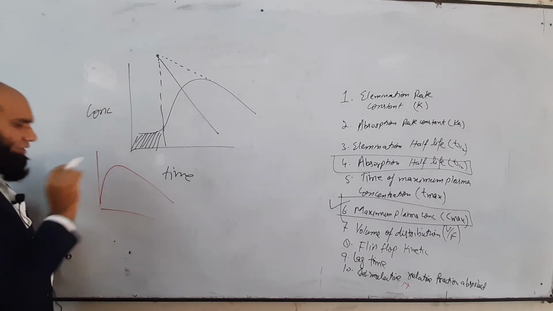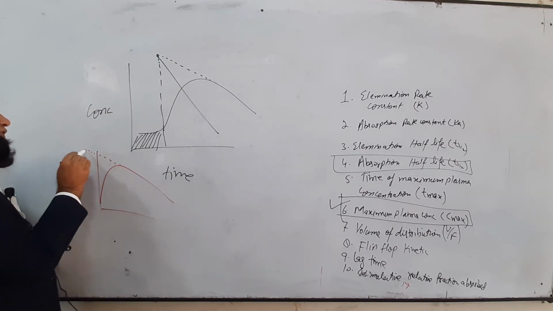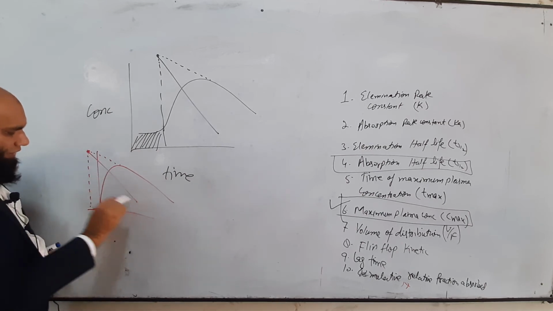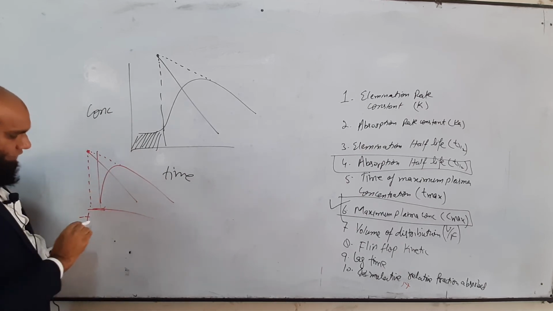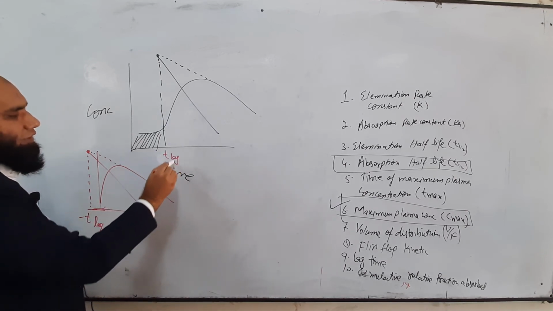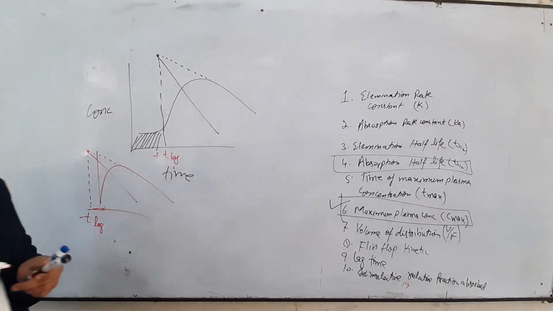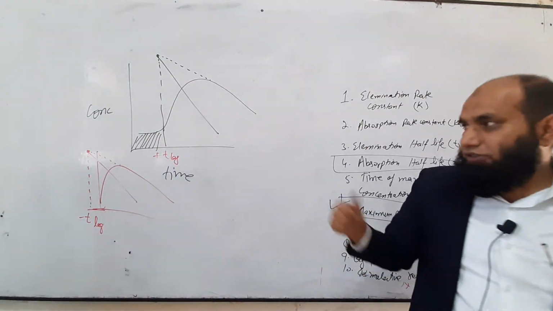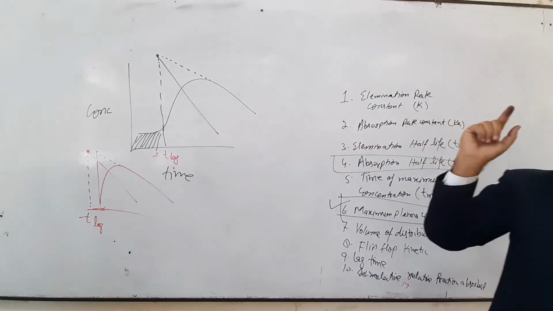The graph starts from here, and when we extrapolate, we get the value of this time. This is negative lag time. This is T lag, which is positive lag time. Remember, there are two types of lag times, positive and negative.